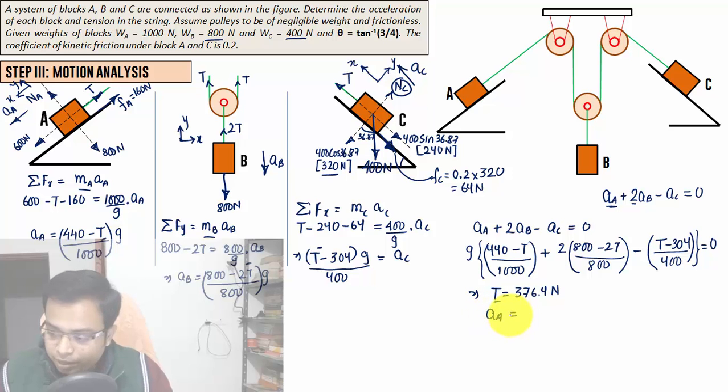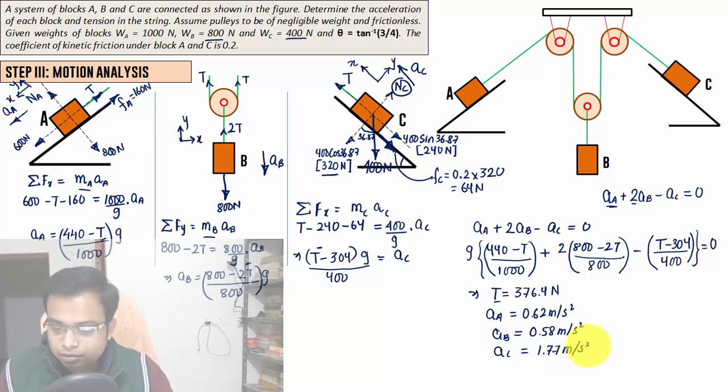AA will work out as 0.62 meters per second square. AB will work out as 0.58 meters per second square. And finally AC will work out as 1.77 meters per second square.